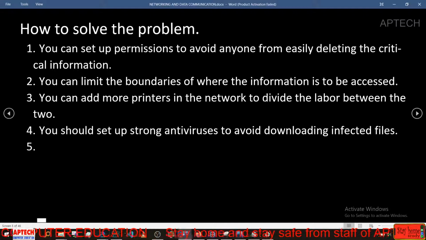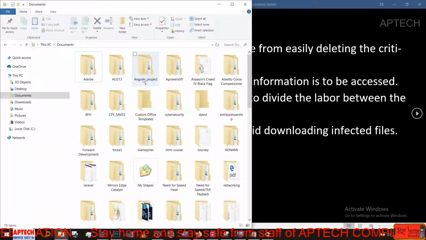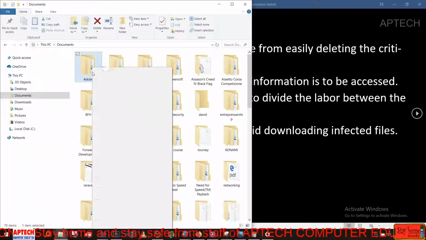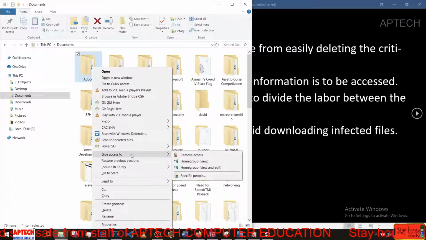So next is how to solve some of these problems. You can set up permissions to prevent anyone from easily deleting your critical information. As you can see, most files are read and write. Now, if I come to a file like this, unless I don't want to share it with anyone, there's this option of give access to specified people.